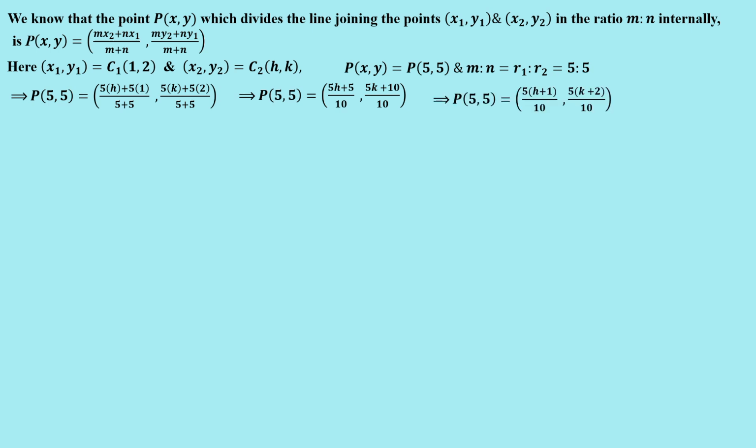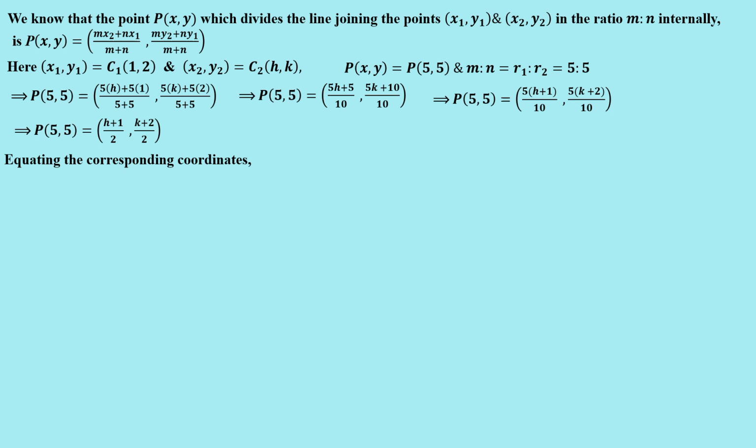So equating the corresponding coefficients, before that we simplify. Take 5 outside from the x coordinate, so 5 into (h plus 1) by 10; 5 and 10 get cancelled, so (h plus 1) by 2 is the x coordinate. Similarly take 5 from the y coordinate, 5 into (k plus 2) divided by 10; 5 and 10 get cancelled, so you will get (k plus 2) by 2.